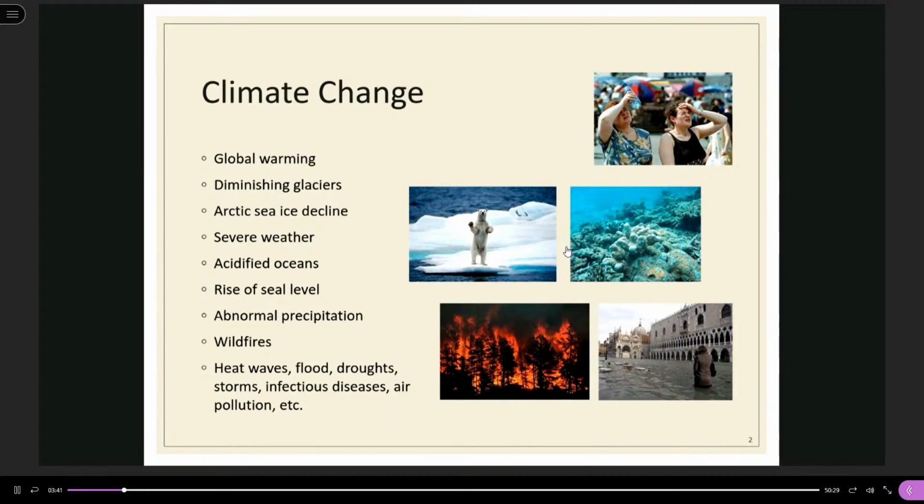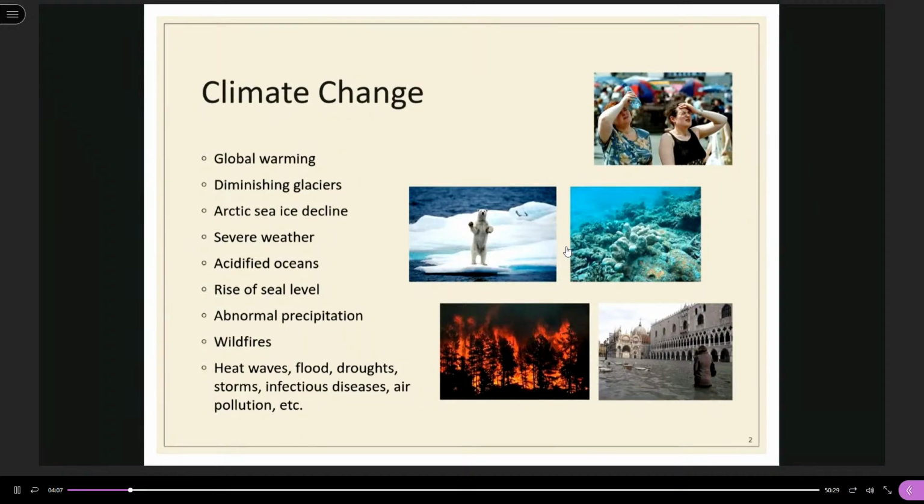The fire burns away the trees. At the same time, the fire gives out carbon dioxide, and it also reduces the forest's function of converting carbon dioxide into oxygen. So more and more carbon dioxide is released into the atmosphere.